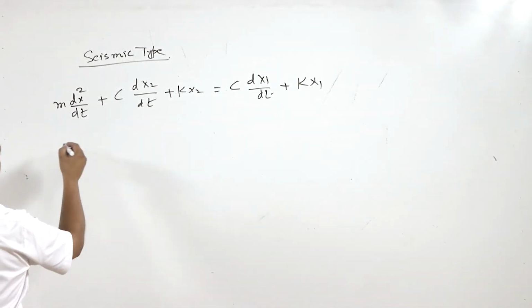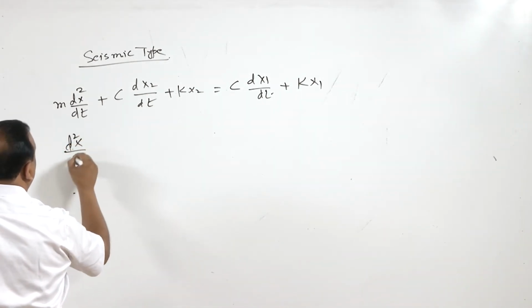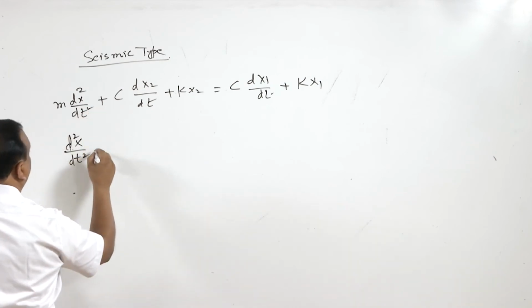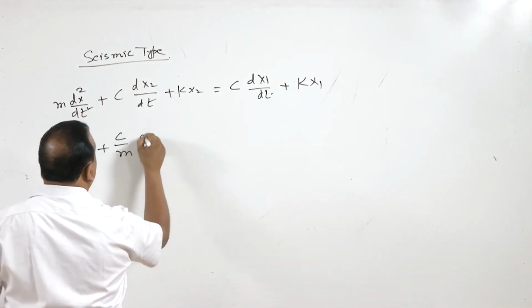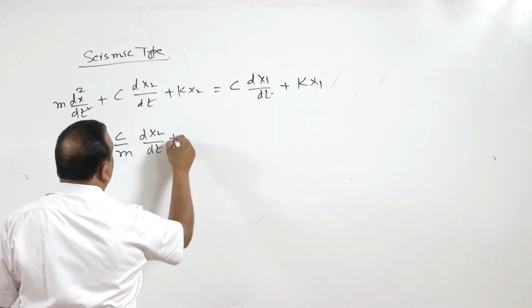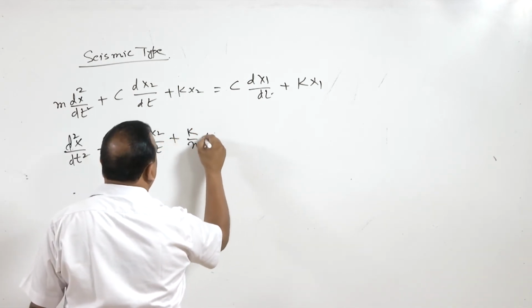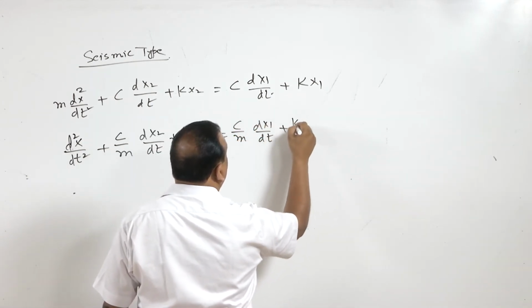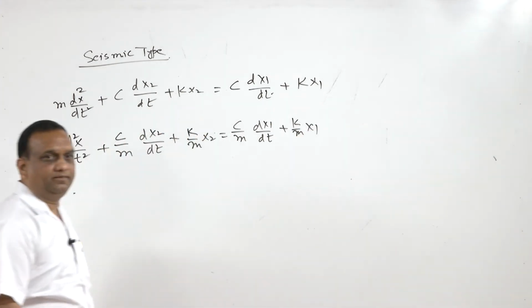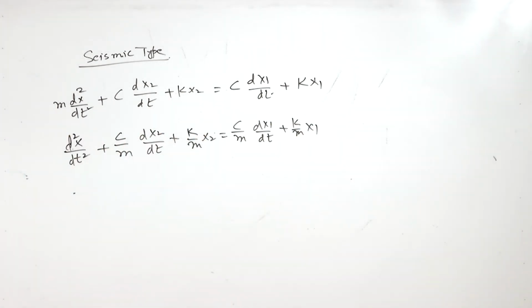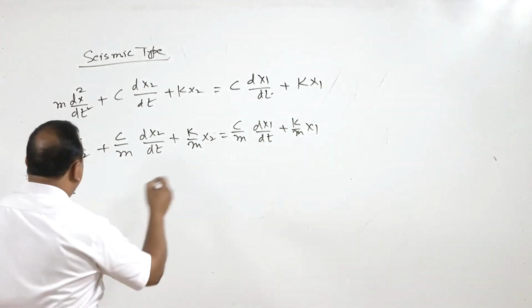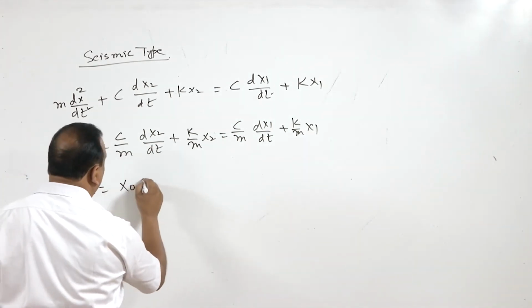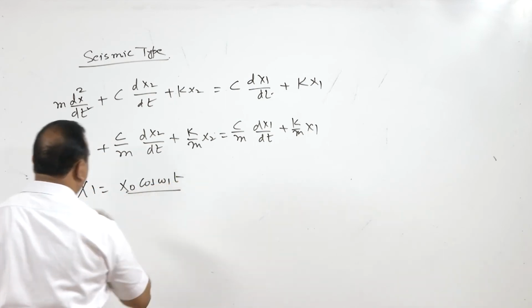Now here we can further modify this equation as d square x2 by dt square plus c by m dx2 by dt plus k by m x2 is equal to c by m dx1 by dt plus k by m x1, right? Now, if we want to have a solution for this, then x1 can be put as x1 is equal to xo cos omega 1 t.